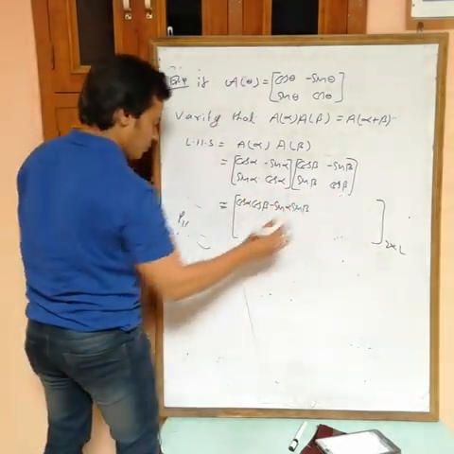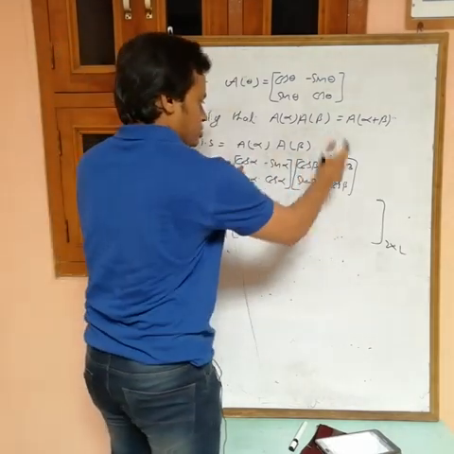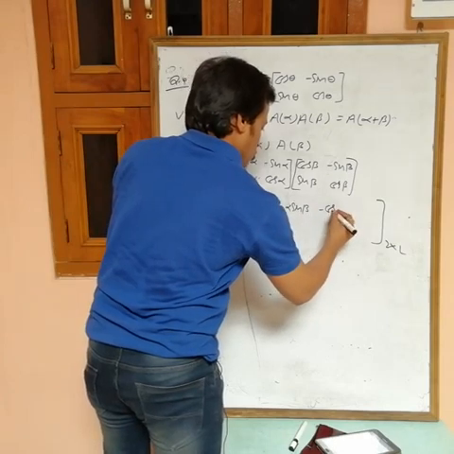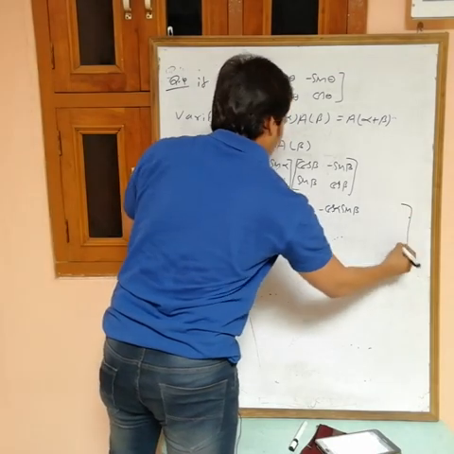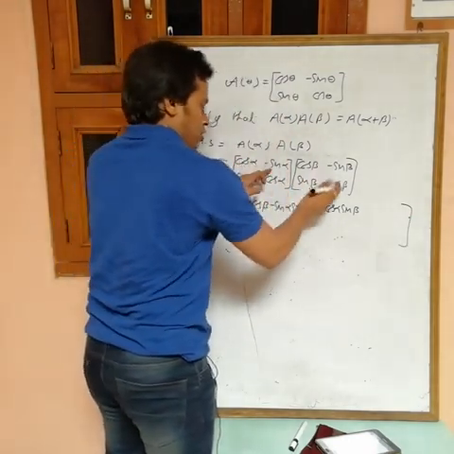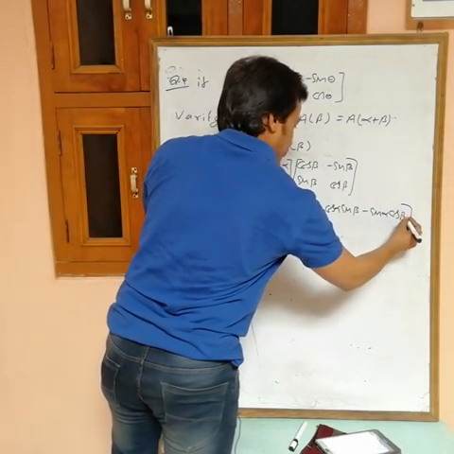Now the next element is P12. First row, second column. Minus cos alpha sin beta, minus sin alpha cos beta.